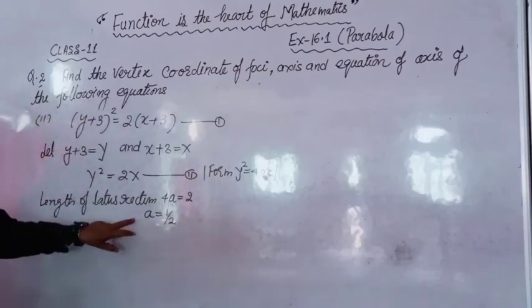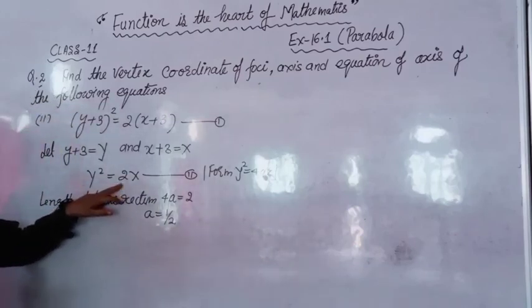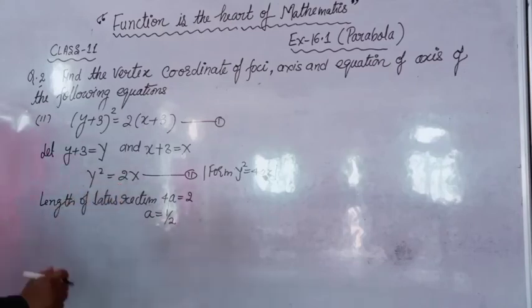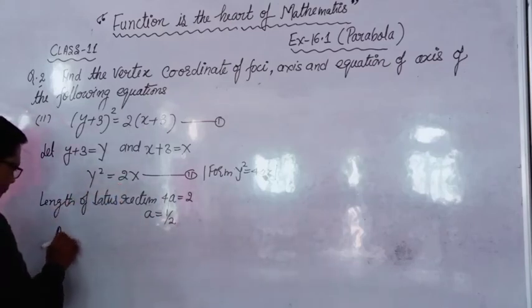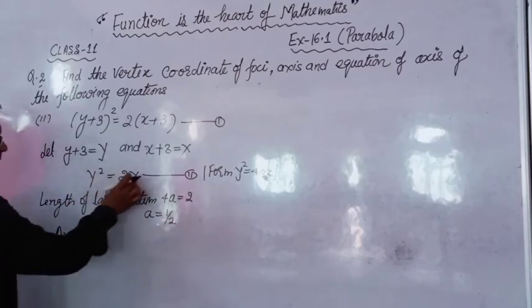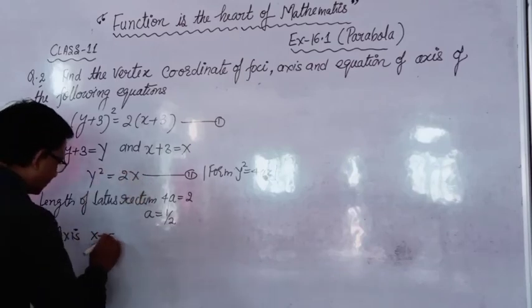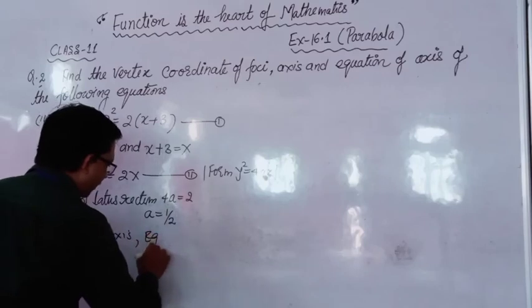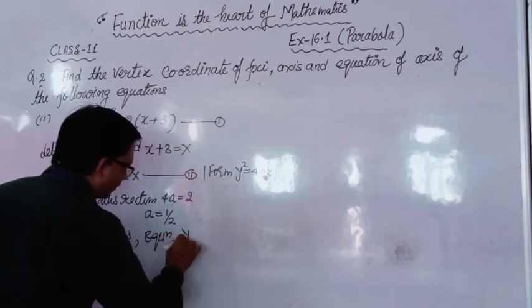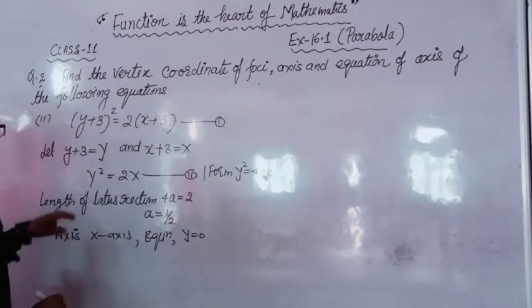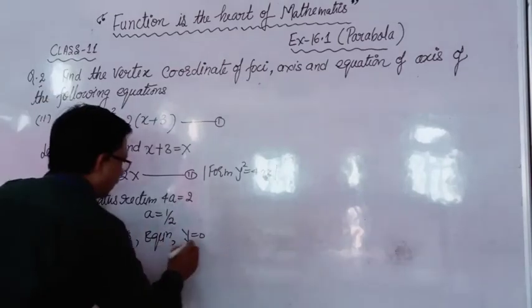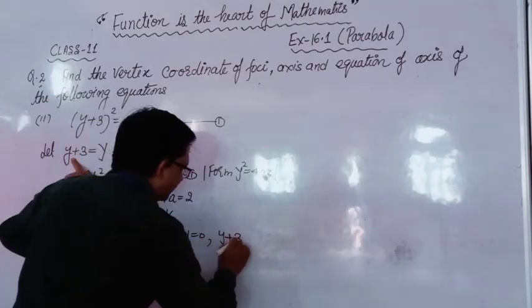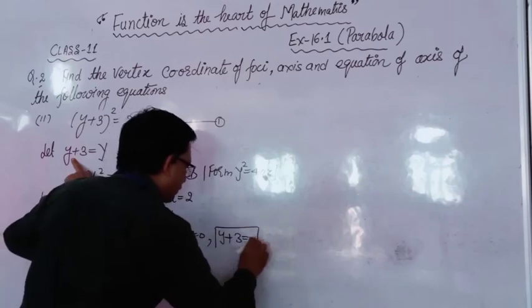The value of a is 1 by 2 for this equation. And the axis is x-axis. So equation of x-axis is Y is equal to 0, and the value of Y is y plus 3. So y plus 3 is equal to 0. This is the equation of axis.